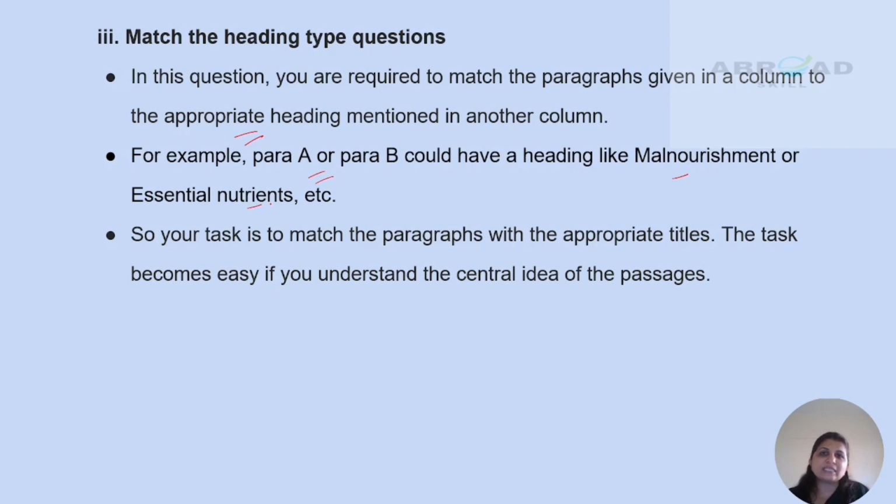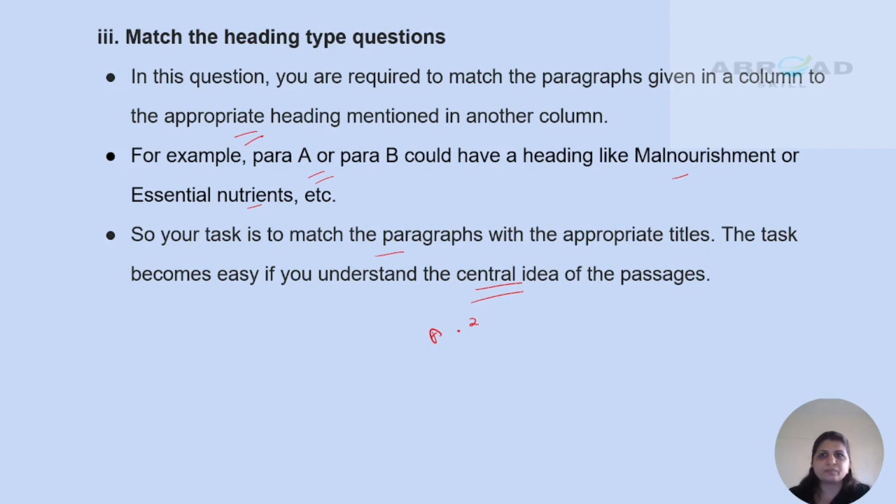So here you just need to mention that, okay, para A's heading is the option given in the second option, in that way. You need to match the paragraphs with the appropriate titles or headings. For this, you just need to understand the central idea of the passage. What is the passage trying to say? That's it. This will help you to identify the headings for each and every paragraph.